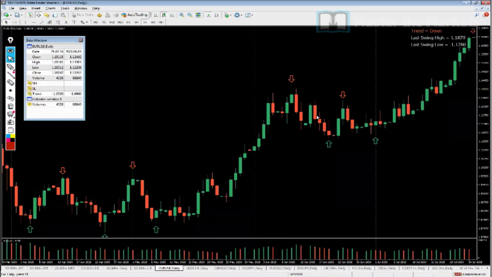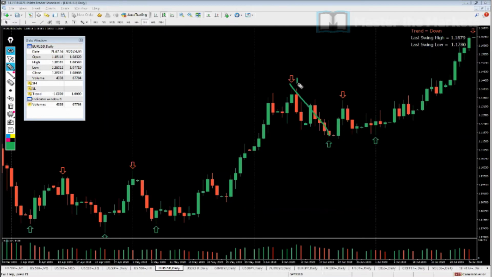So let's take a look at a single market compression first. This is the Euro USD from last summer. Here we have a swing high confirmed. And then from here, a swing low.